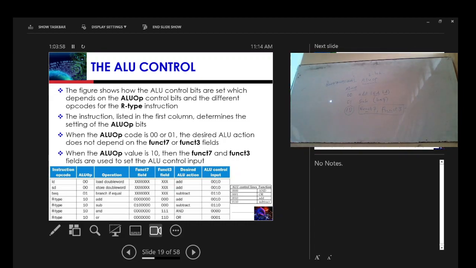These are our operations. To generate these 4 bits, we need the funct 7 field, the funct 3 field, and then the ALUOp here.